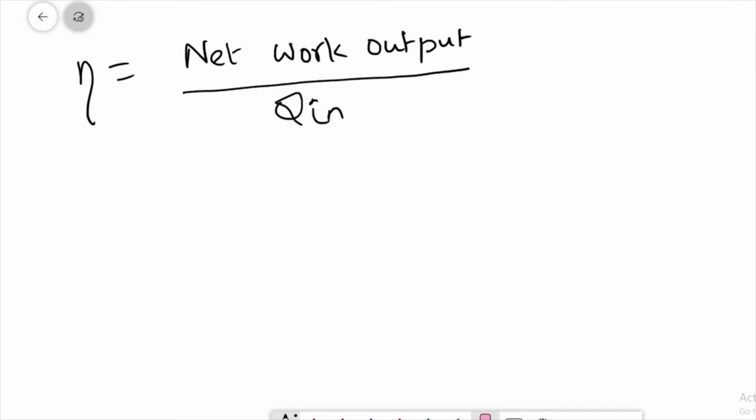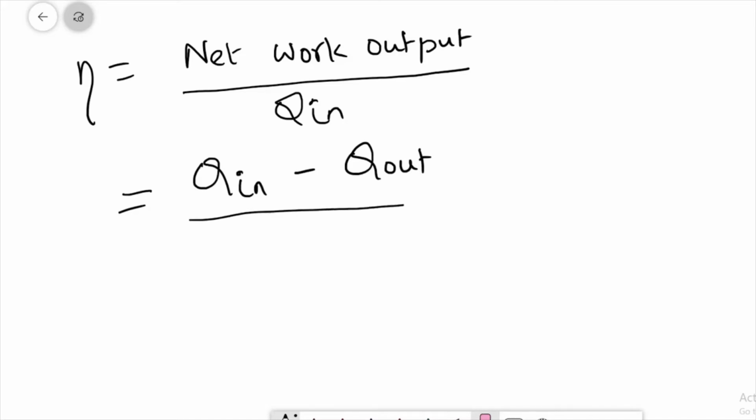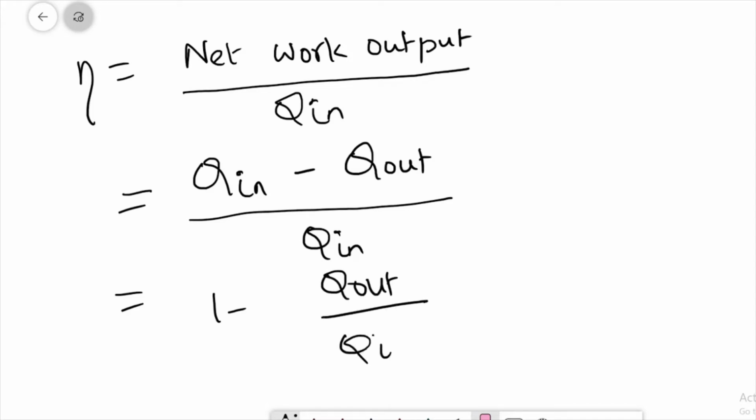Heat supply is nothing but heat in. The net work output is Q in minus Q out. This is divided by Q in. This is further simplified and becomes 1 minus Q out by Q in. So this is the efficiency.